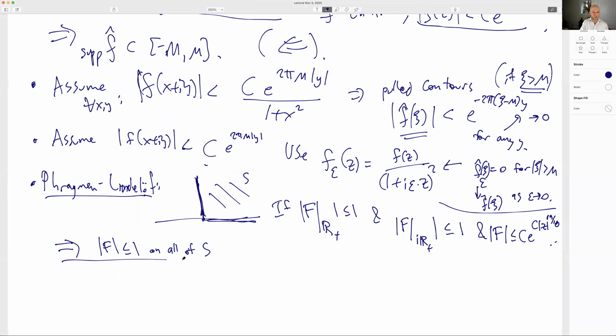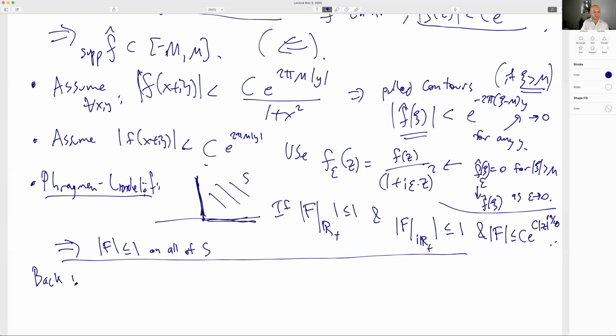So if this is true, now look at our original function. Back to our little f of z. This is what we went over very quickly last time. It's bounded by some constant times e to the 2 pi m |z|, but let's rescale so that this constant is 1, just to make things simple. So imagine that C is equal to 1 after rescaling.